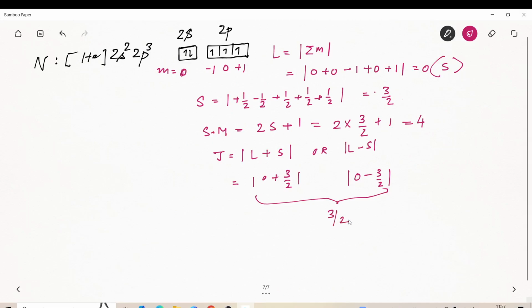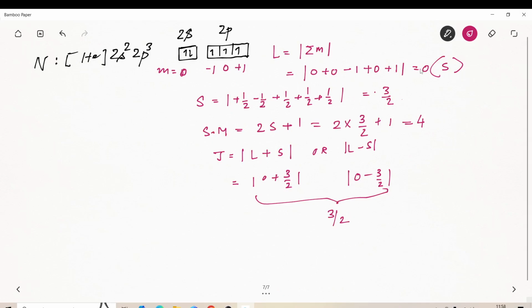Remember, whenever the configuration is half filled, the value of capital L will be 0.